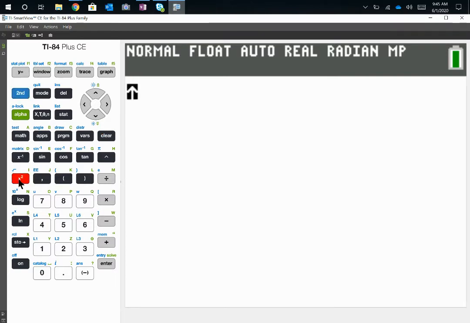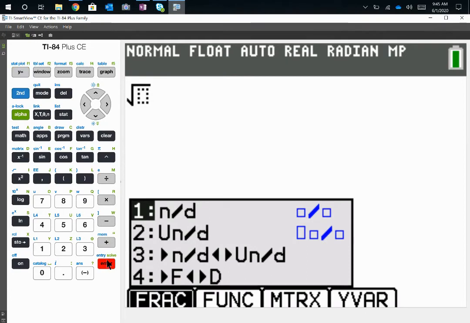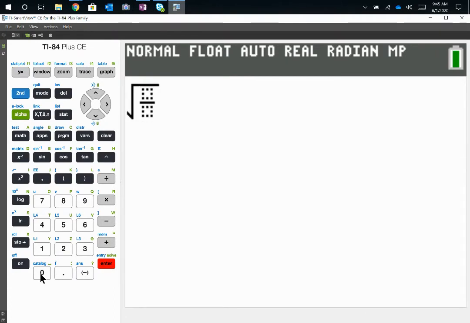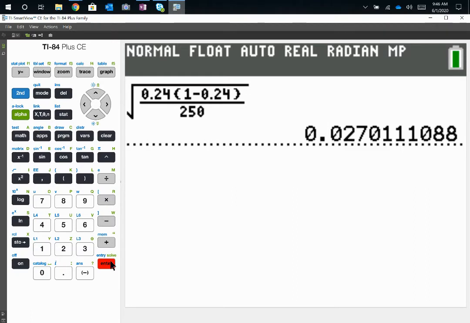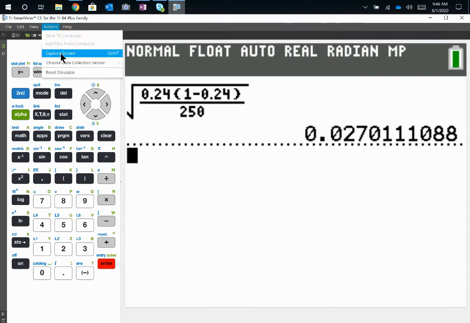Second, square root, alpha y equals, to get the fraction bar, 0.24 open parenthesis 1 minus 0.24 close parenthesis. And then on the denominator, we type in the sample size of 250. And press enter. And this gives us our answer here, 0.27. We're going to capture this screen.